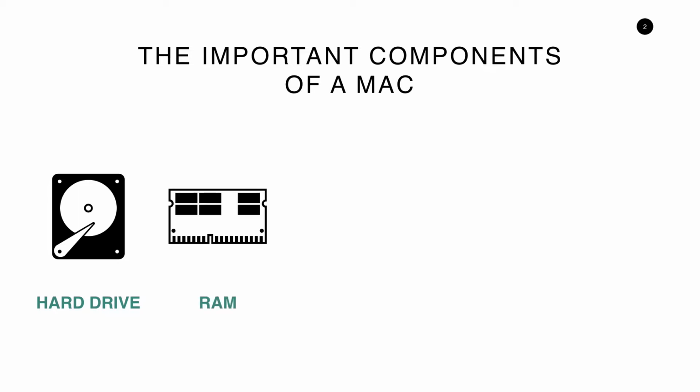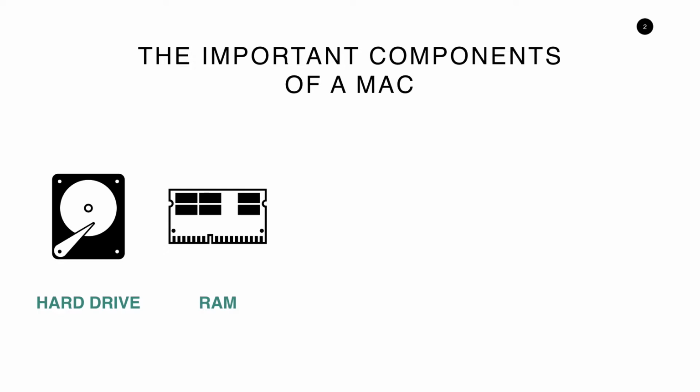The other really important part of a Mac computer would be the RAM, or the random access memory. The reason it's there is because while your traditional hard drive stores a lot of information, it's fairly slow. Traditional hard drives have a disk with a spindle, so it has moving parts reading information and moving back and forth, which is not really the fastest thing around.